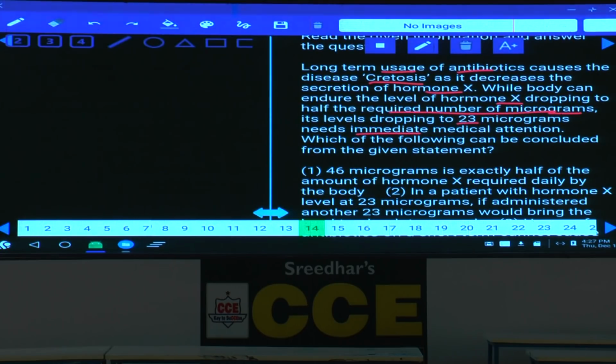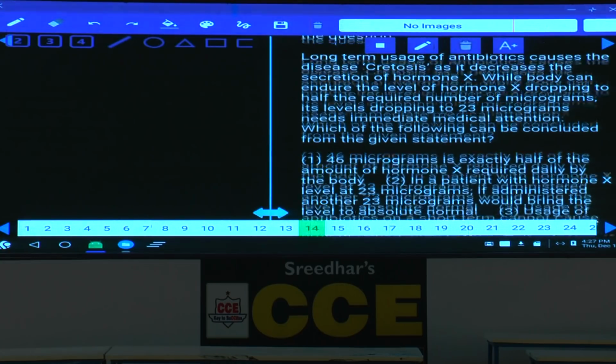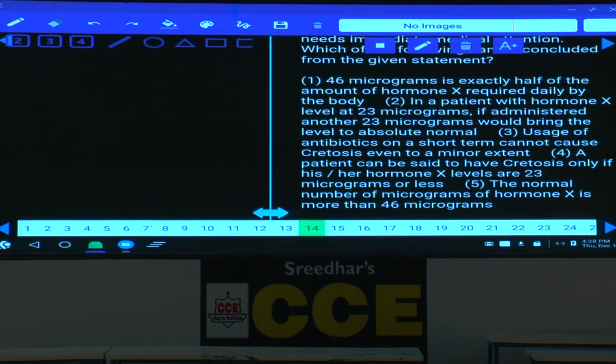Then which of the following can be concluded from the given statement? Yes, tell me what can be concluded here? Now in this one, 46 micrograms is exactly half of this one. We cannot say definitely. If it reaches 23, then medical attention should be required. But whether it is half or not, that is not clearly given.